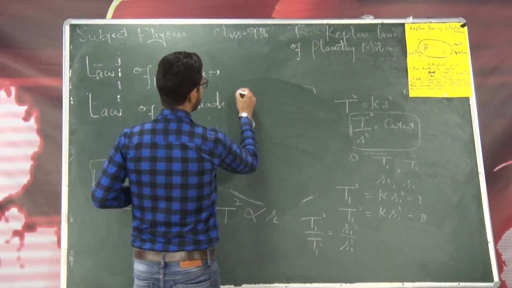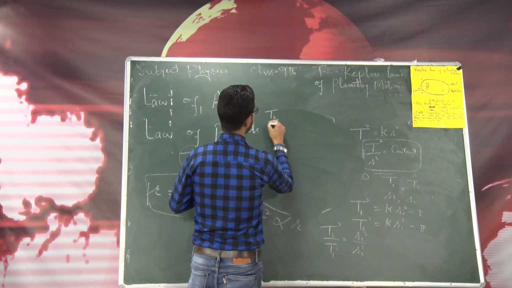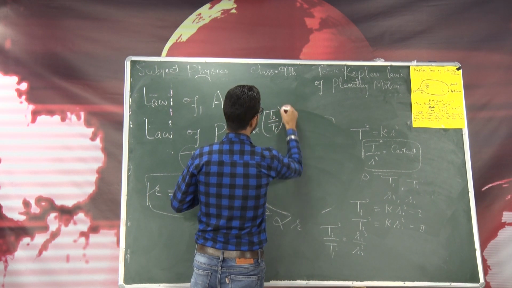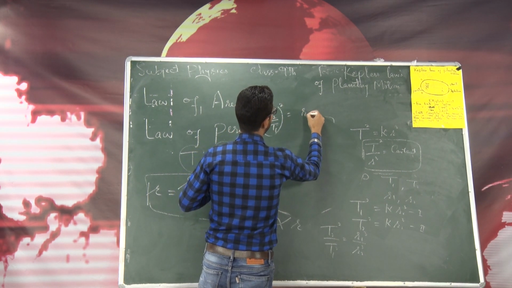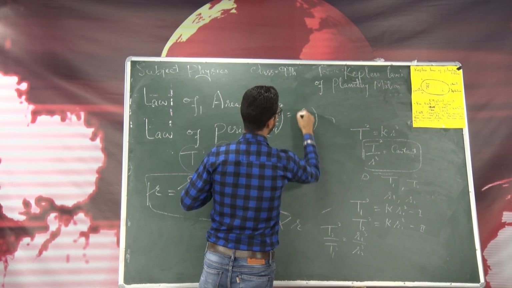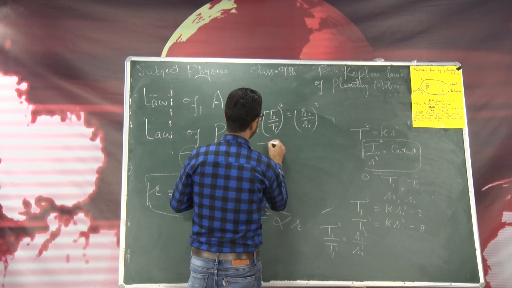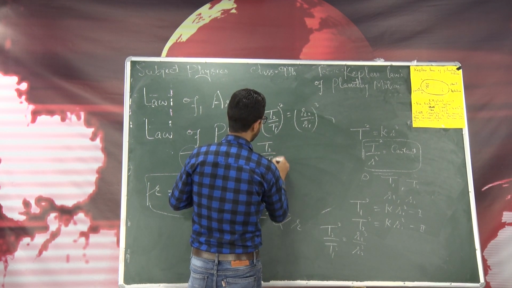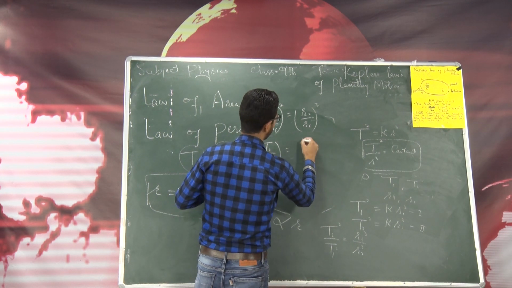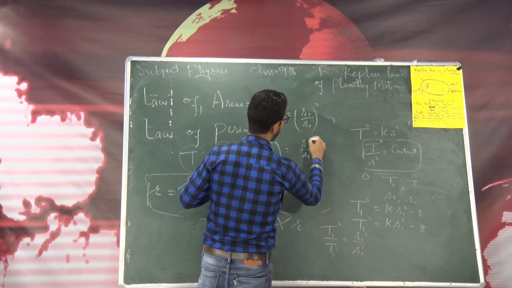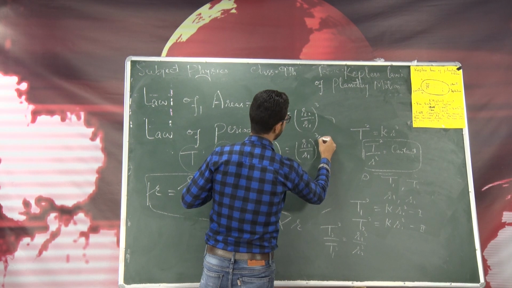So I will get T2 by T1 whole square is equal to R2 by R1 whole cube, or simply I will write T2 by T1 is equal to R2 by R1 whole raised to the power 3 by 2.